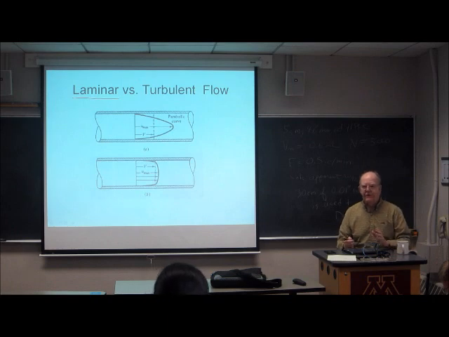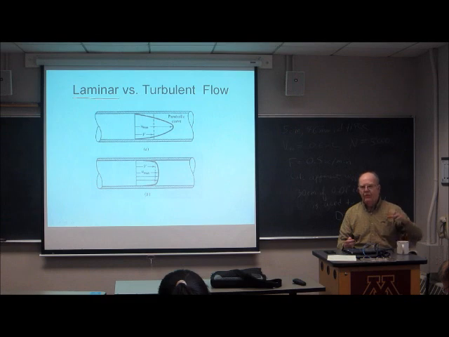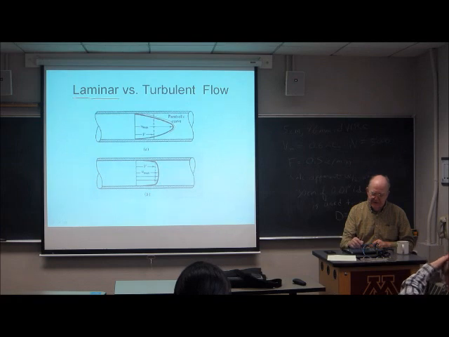Laminar flow is where the viscous forces are much, much bigger than the inertial forces. Turbulent flow kicks in, starts to happen, when the inertial terms in the Navier-Stokes equation, which we neglect, become substantial. That means we're at high velocity. And under turbulent flow conditions, the flow doesn't look like this anymore. It doesn't look parabolic.